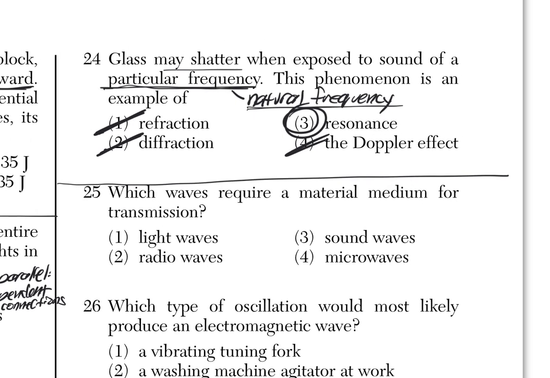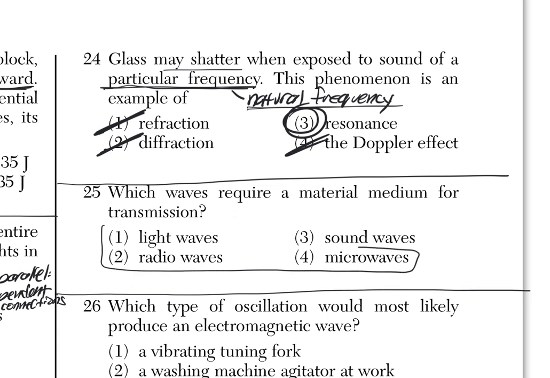Which waves need a material medium for transmission? And so light, radio, and microwaves, all of these are not the answer, because radio waves and microwaves are forms of light waves, and light does not need a medium.